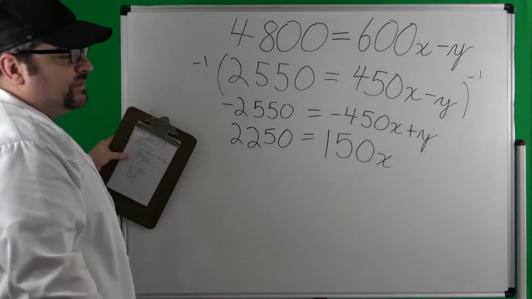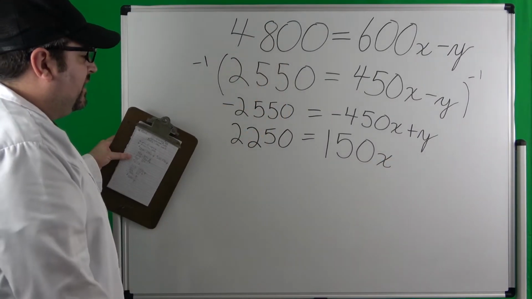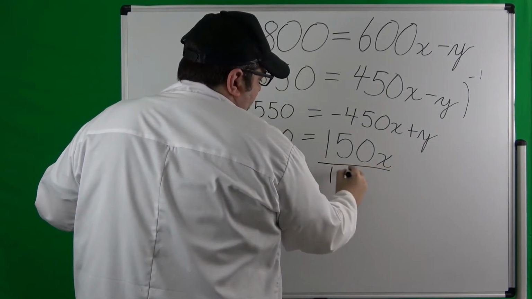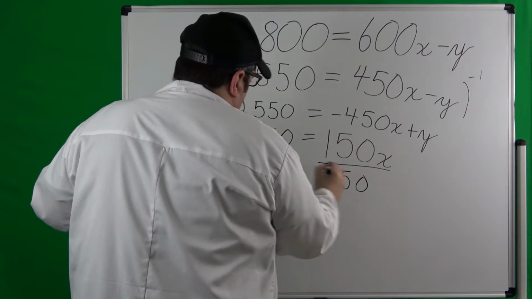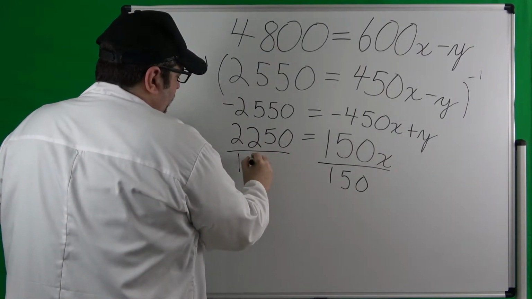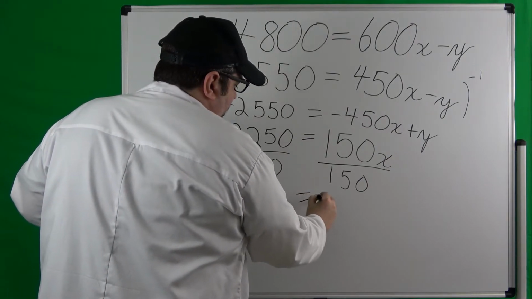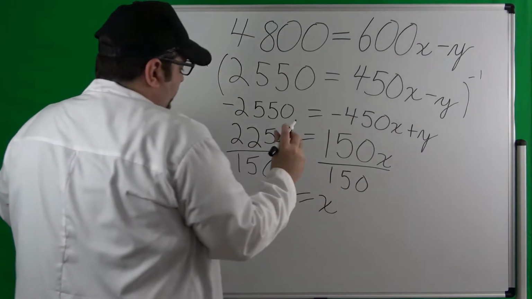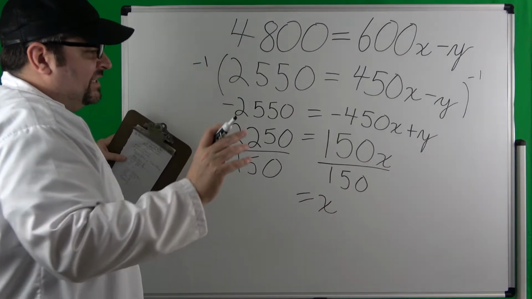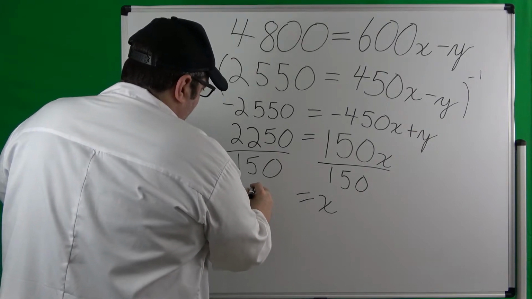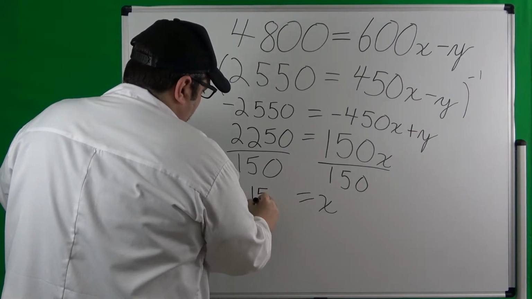And the reason we did all this is the Y's cancel out. So we just solve this. Divide both sides by 150. So X, which remember represents the price of each magazine, X equals $15.